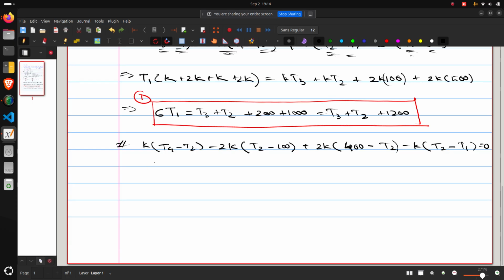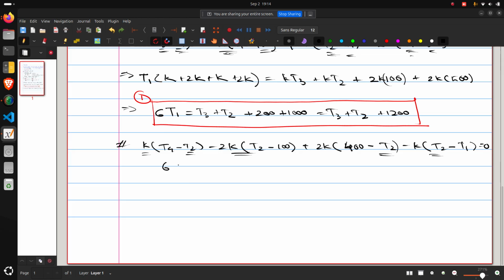Now we can rearrange it, so t2 will be k plus 2k, 3k, 4k, 5k and 6k. Let's just remove all the k because it will get cancelled anyway.